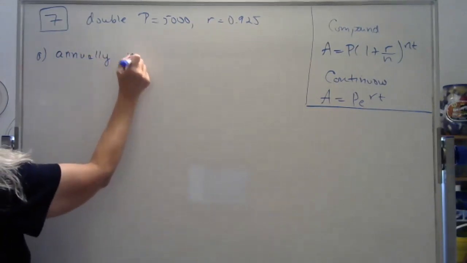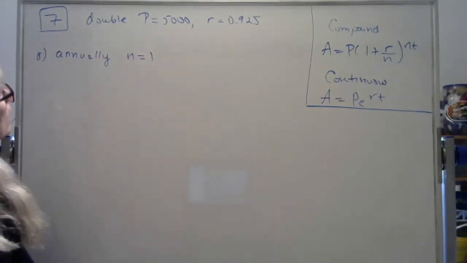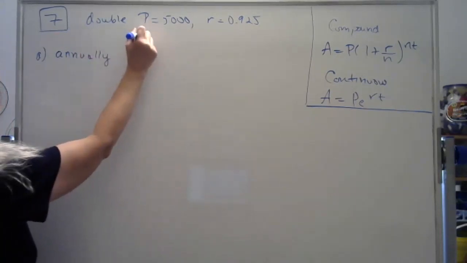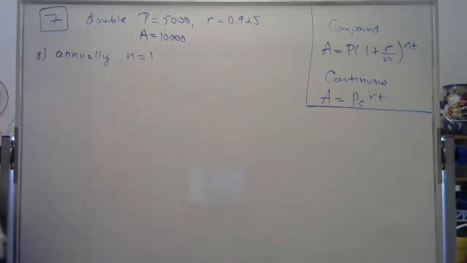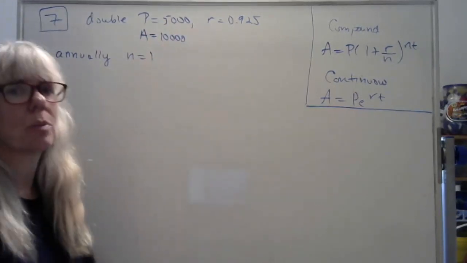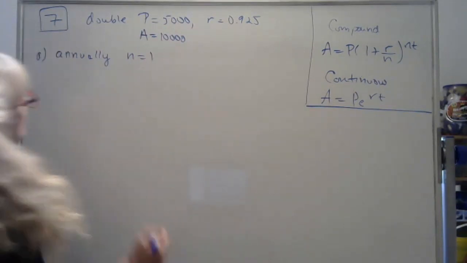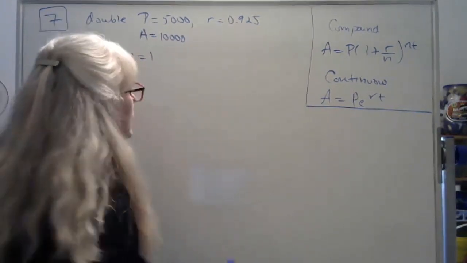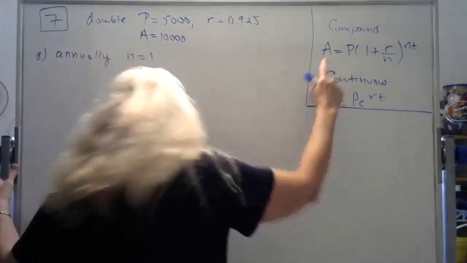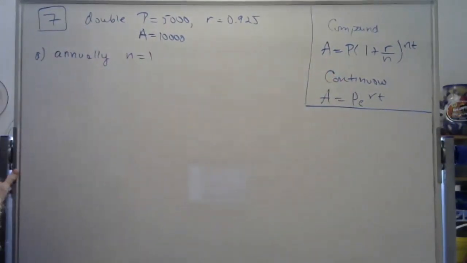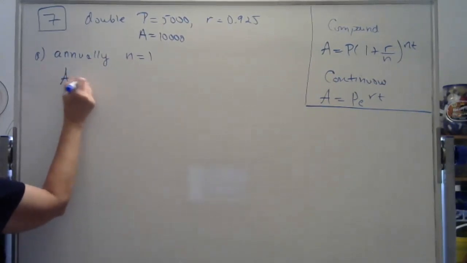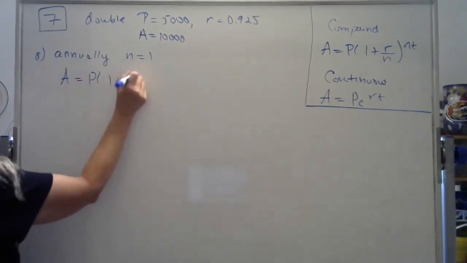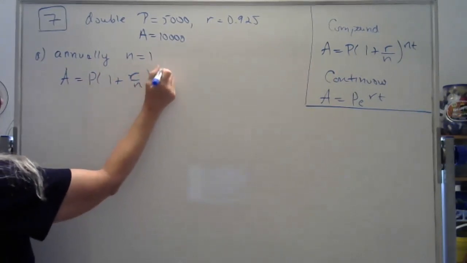So annually means n is equal to 1. Well, if I'm doubling it, that means the amount at the end needs to be 10,000. We're going to walk through the same process multiple times here, so by the end of it, you should be kind of used to it. Because it's annual, we're going to pick up the compound interest formula, which means A equals P times (1 plus r over n) to the nt.